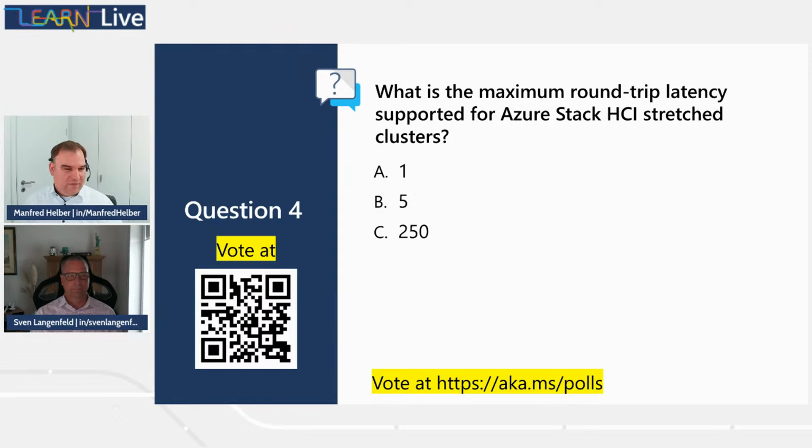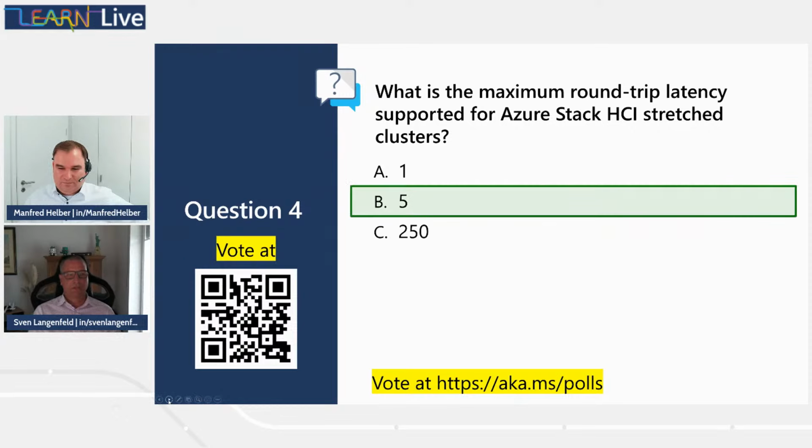And the redundancy level, starting with 3 nodes, can be a 3-way mirror. There we can survive 2 simultaneous storage failures. In a stretch cluster, we can survive more. And there's the question to have the active configuration. So the right answer to that question is 5 milliseconds.